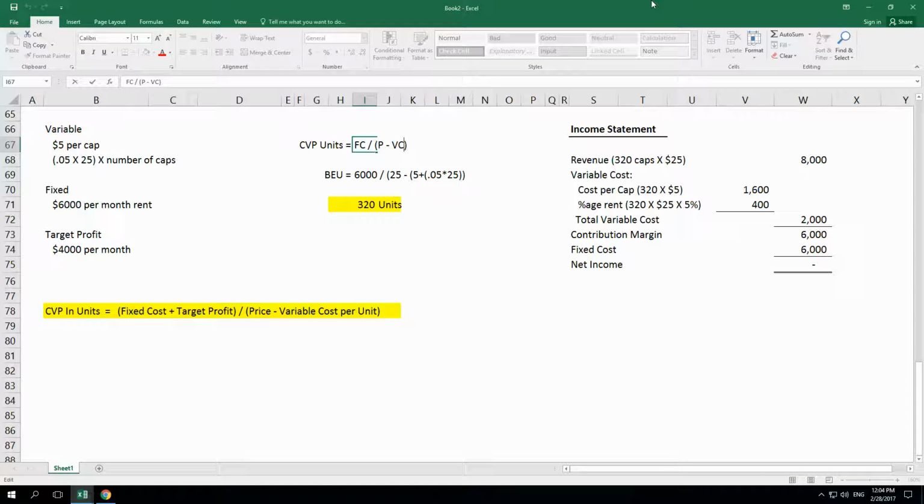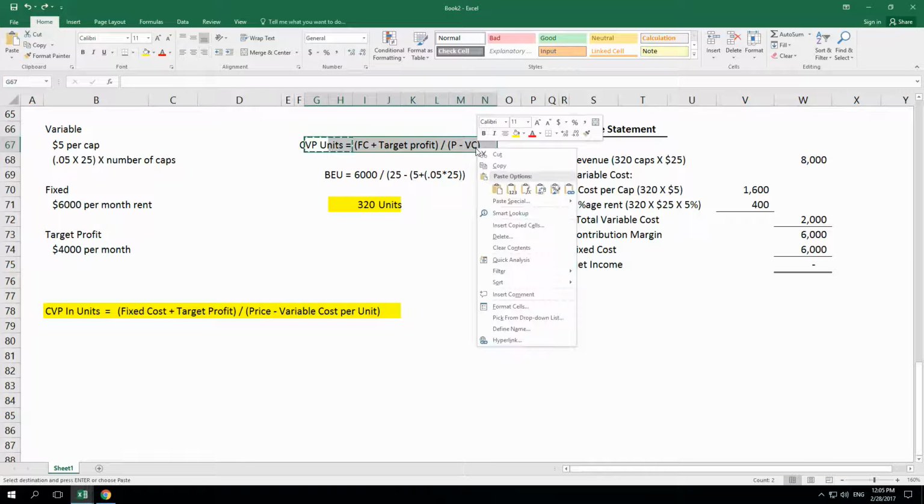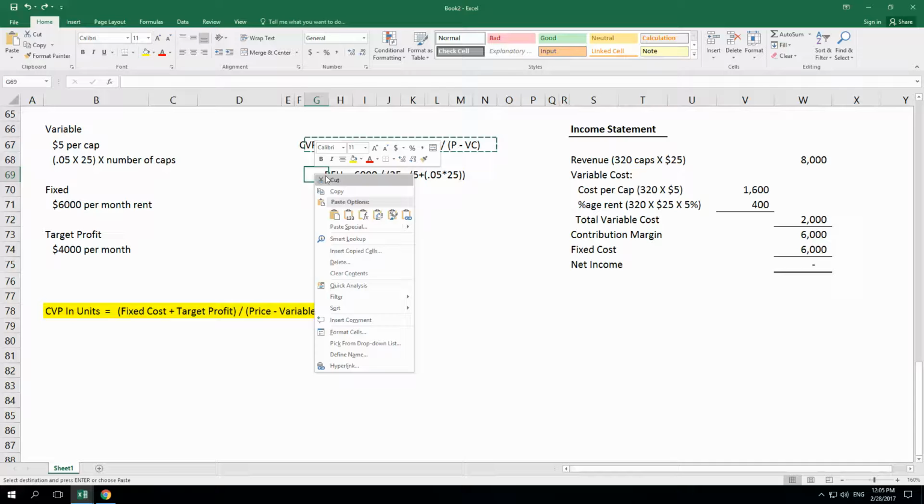You could modify that to show that you're going to add your target profit to the numerator. Okay? So if we steal this stuff, and we're kind of doing it longhand, why don't we just take that like that, put it over there.